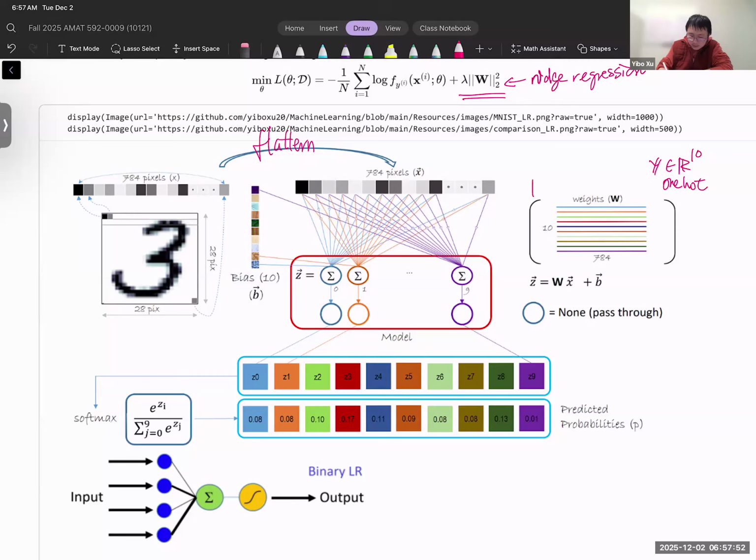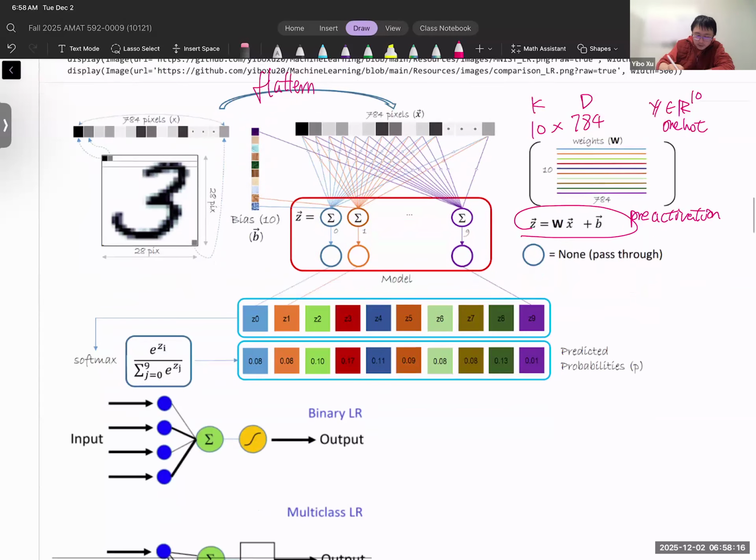So this is exactly why I have 10 by 784. That's my D, that's my K. So 10 classes. And then the weights is going to be W, which is a large matrix. And this is the pre-activation. Every component is my Z1 all the way down through Z10, or you can say Z0 to Z9, that's totally fine.